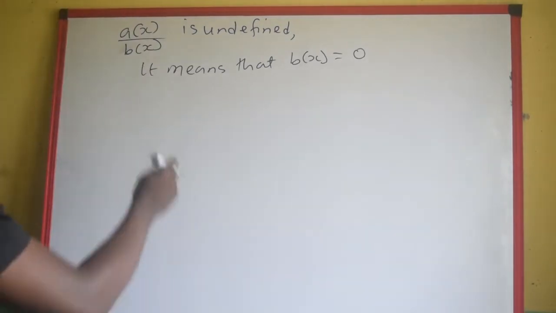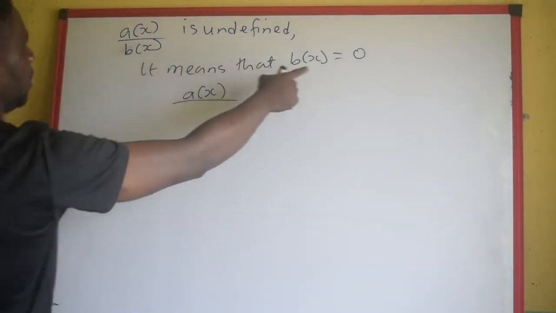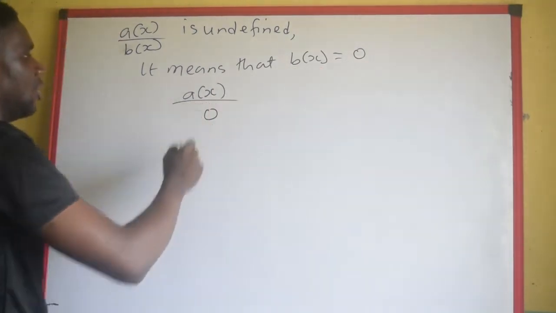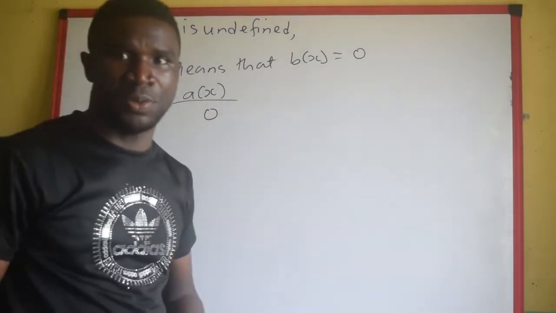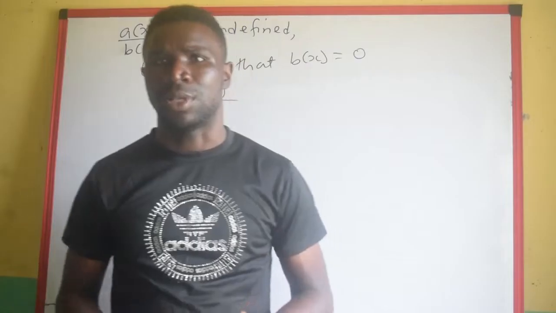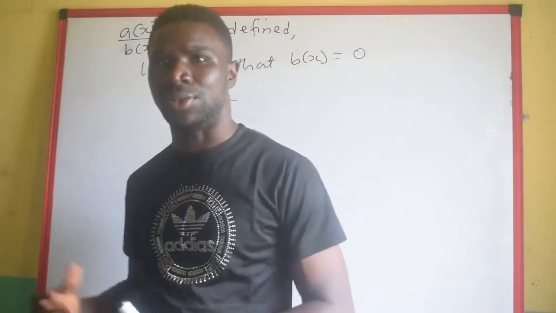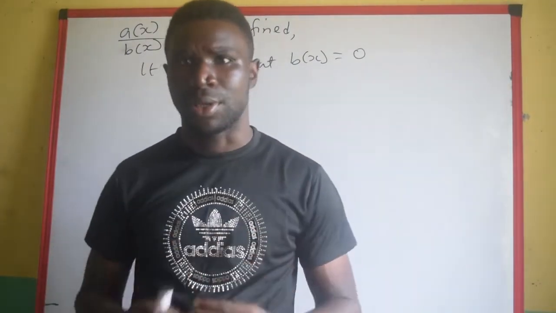So which means I'll write a function of x all over, and this b function of x is 0. I use it to replace. So this becomes undefined. I'll walk you through the various ways a question can come out regarding this undefined expression.